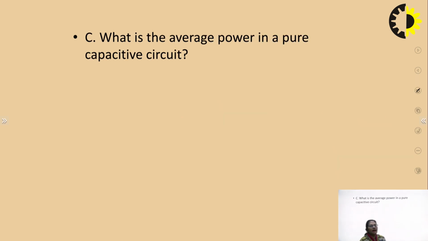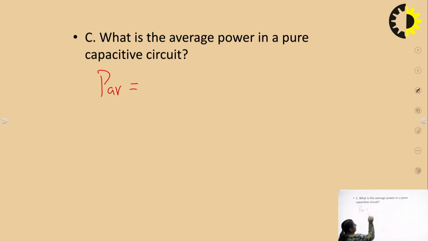Now, what is the average power in a pure capacitive circuit? We know the expression for finding average power.